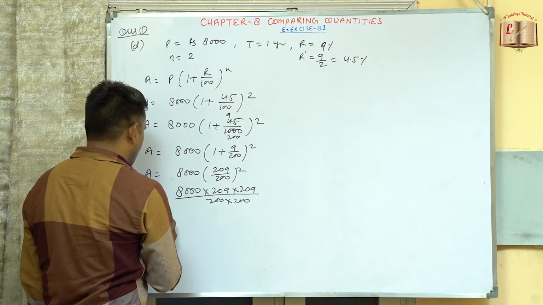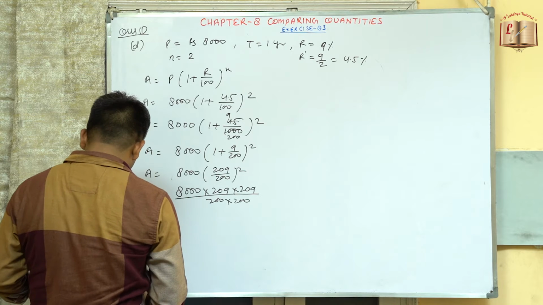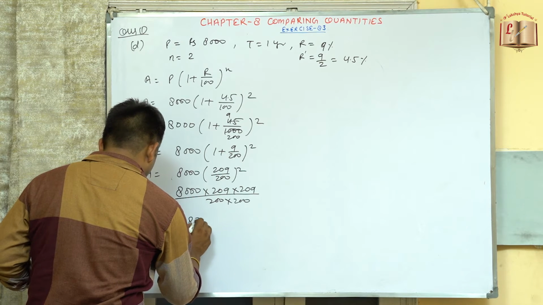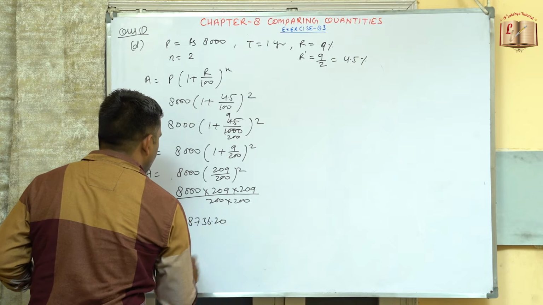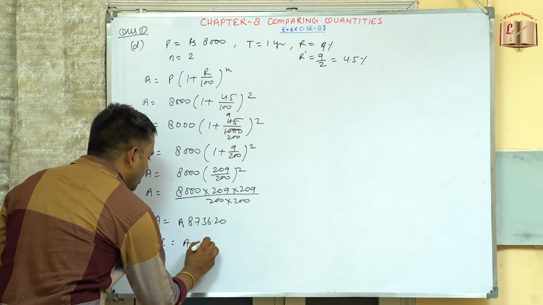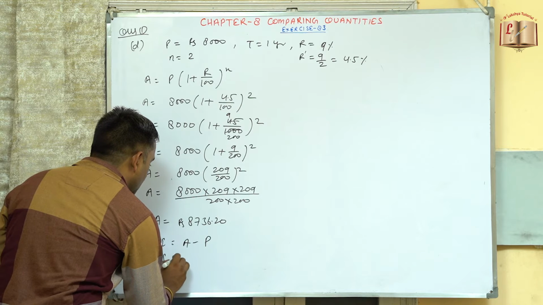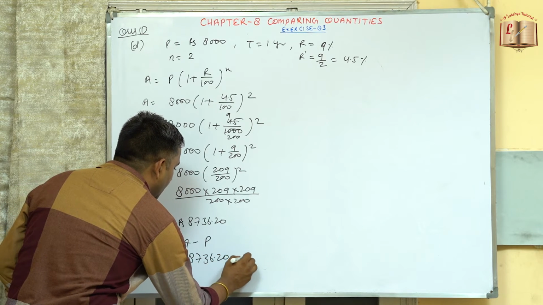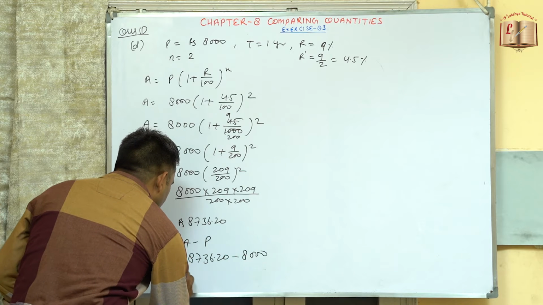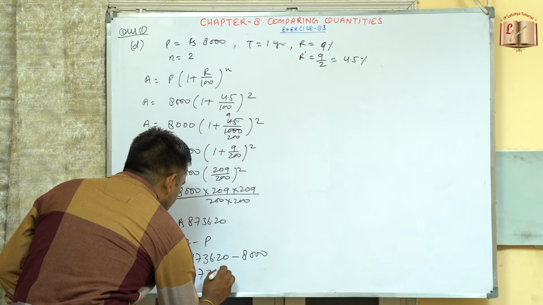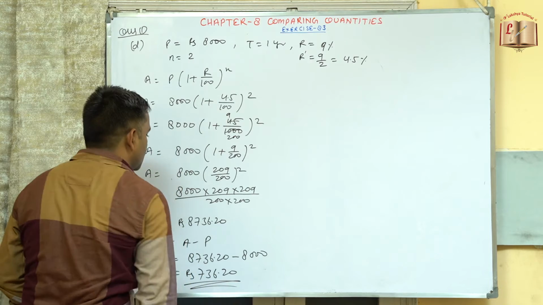We can solve this and we get A equal to rupees 8,736.20. Now we can find out the CI. CI will be A minus P, so CI equals 8,736.20 minus 8,000, which is rupees 736.20. So this is the CI.